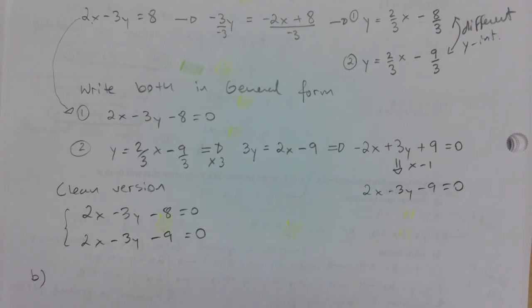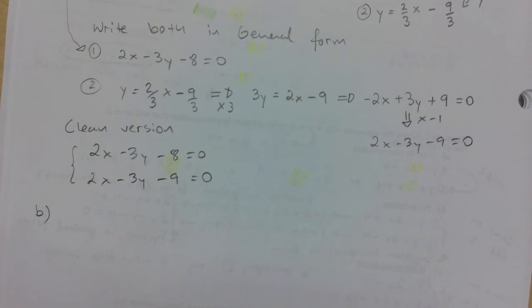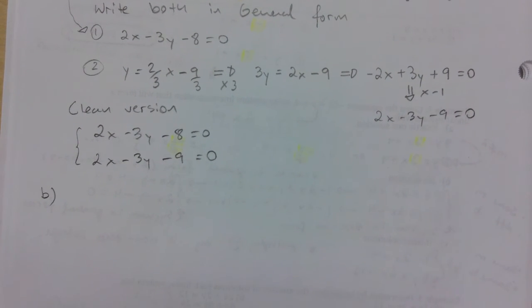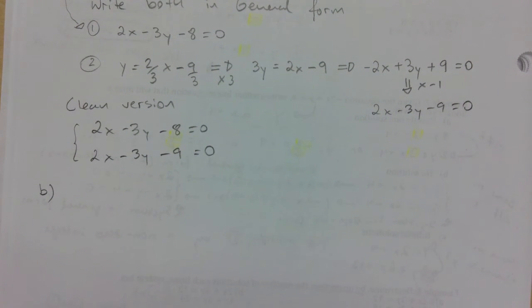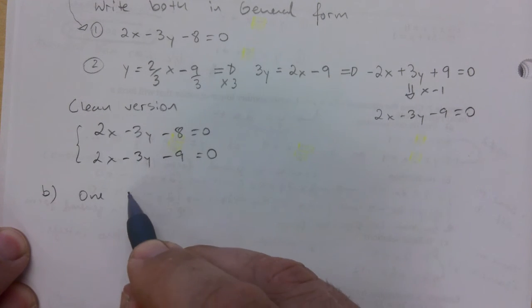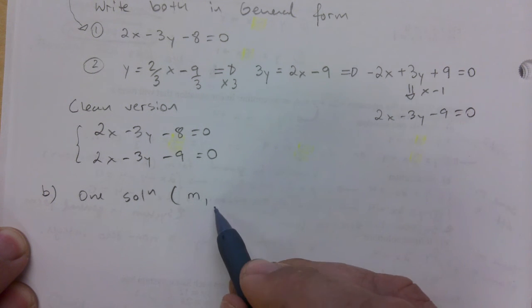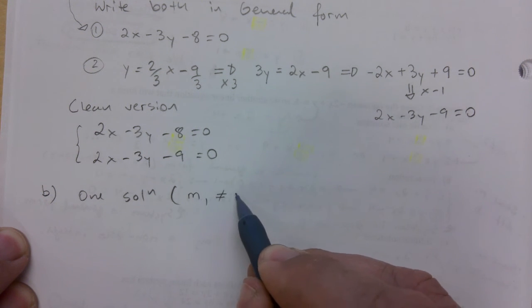B. B is asking for one solution. So we're just going to make sure that slope 1 is not going to be the same as slope 2.